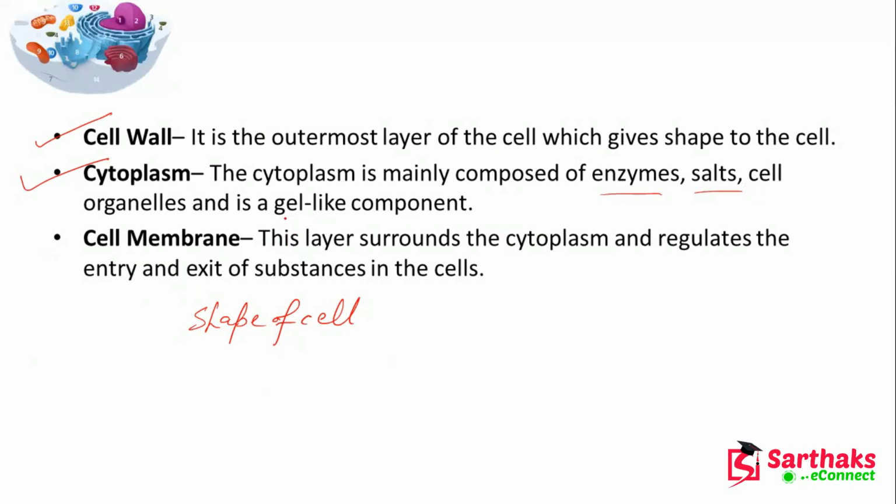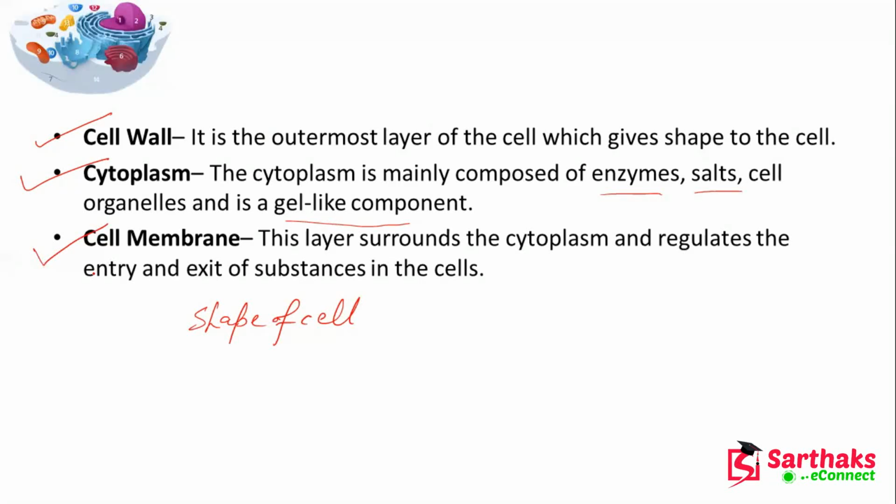This gel-like fluid has different biomolecules, enzymes and salts, which are required to stay alive. Now the cell membrane. This layer surrounds the cytoplasm and regulates the entry and exit of substances in the cells. So the cell membrane is like the main door, and this layer surrounds the cytoplasm and regulates what?